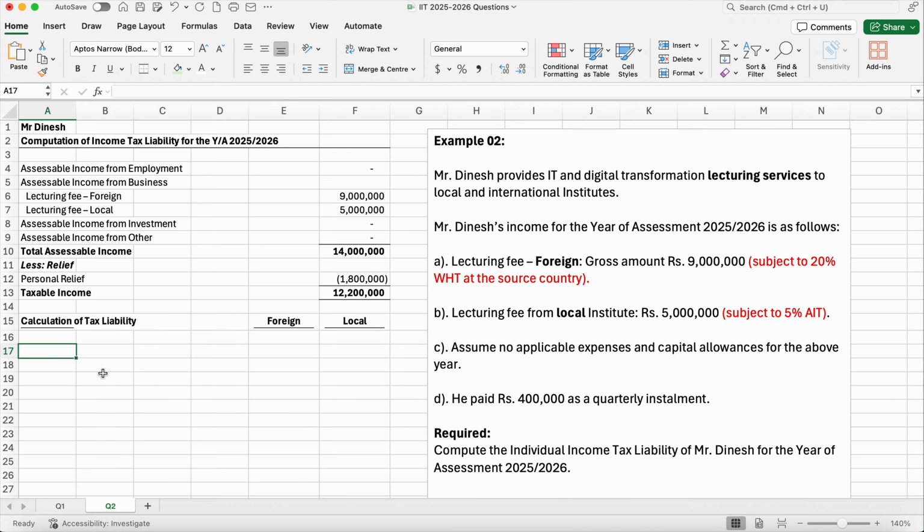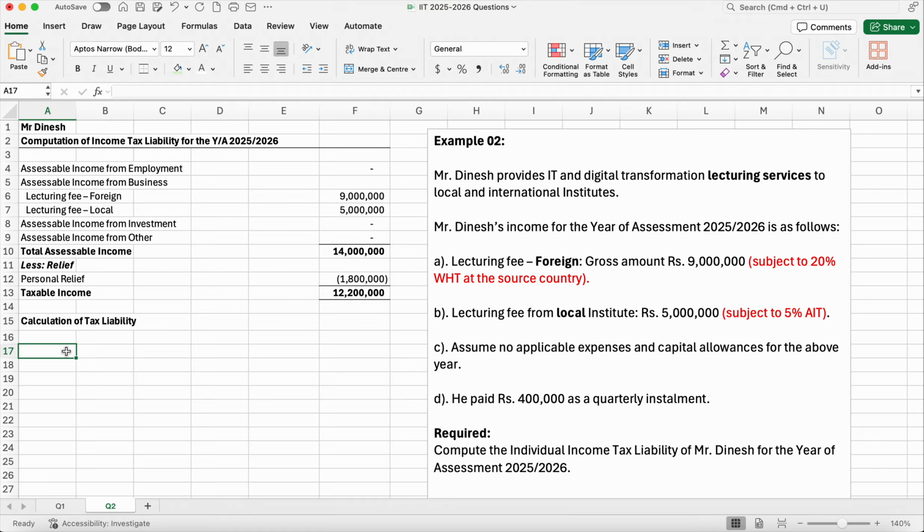Under that, the foreign income full amount is subject to tax at what rate? You can do it the other way around as well, if you feel this is quite difficult to understand. We can take the normal tax slabs and apply foreign income separately and local income separately.